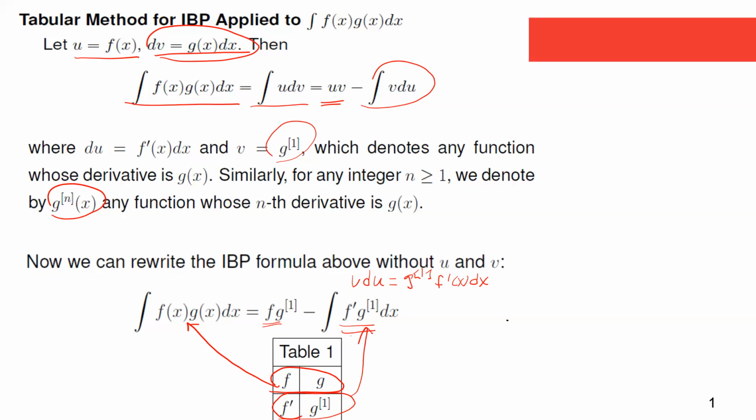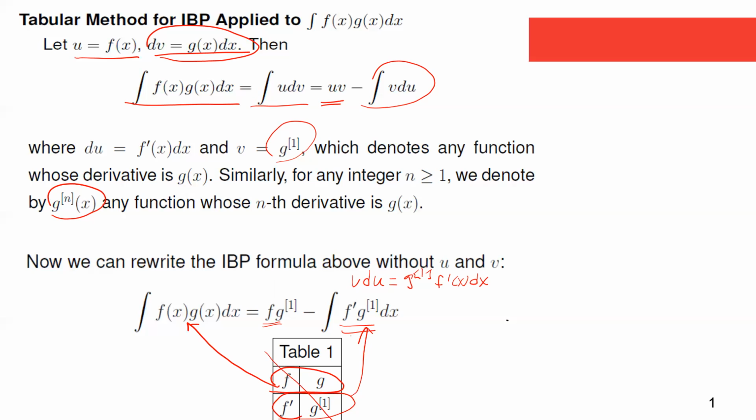And the first term is the diagonal product, f and g1. So using this pattern, we can easily apply integration by parts without specifically defining what u and v are, because they're not involved in this formula.